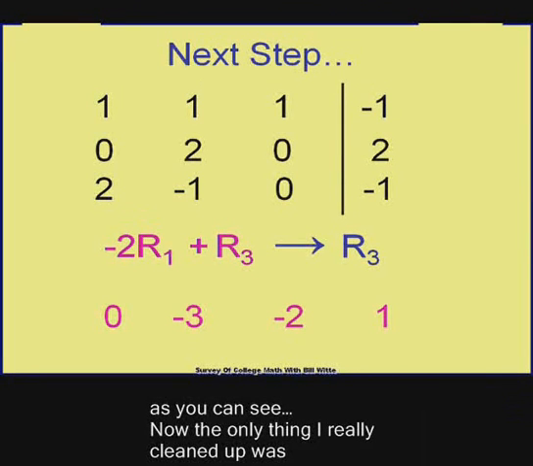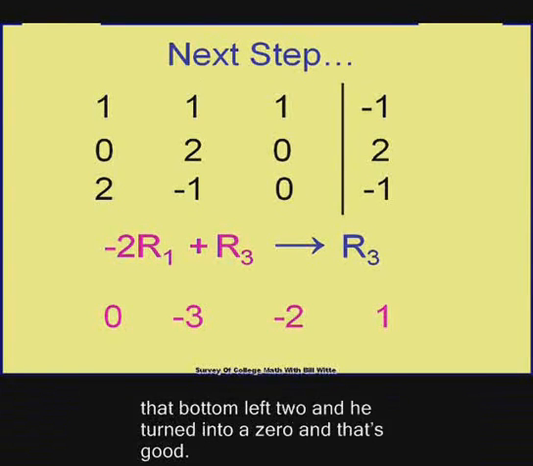Negative 2 times 1 plus the 2 is 0. Negative 2 times 1 plus negative 1 is negative 3. Negative 2 times positive 1 plus 0 is negative 2. Okay? And I complete everything. Negative 1 times negative 2 is positive 2.